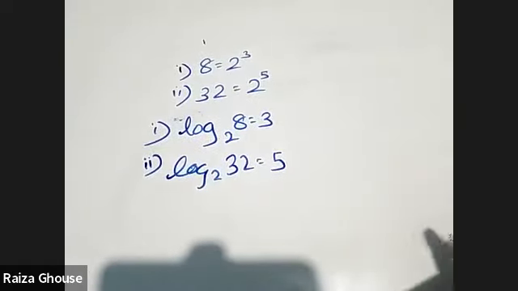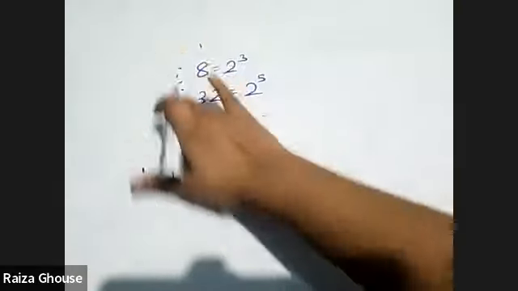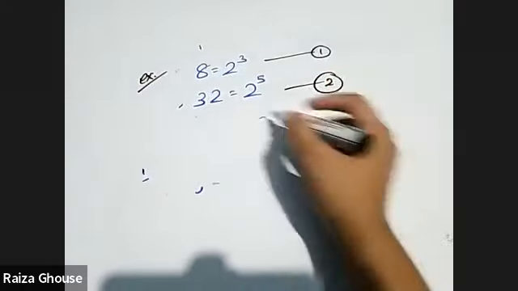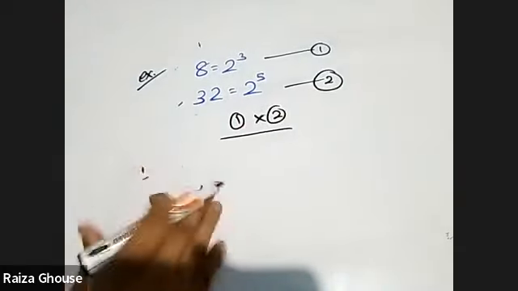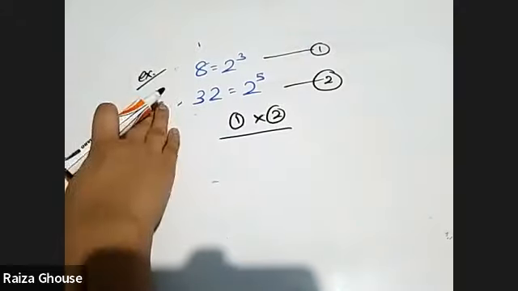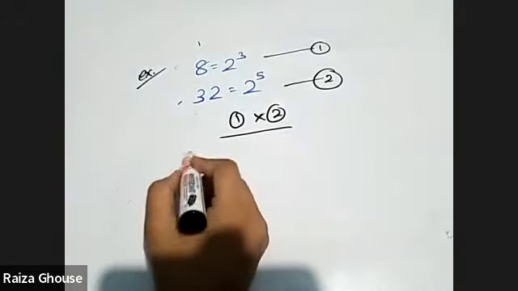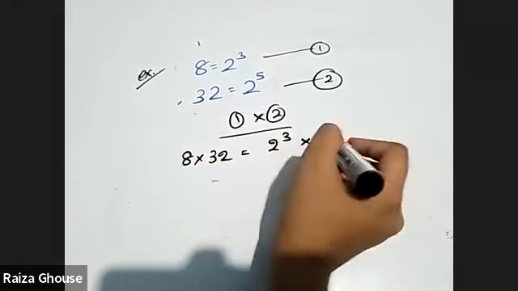Now I'm doing an example. This is my first equation, this is my second equation. I'm going to multiply my first and second equation. If I multiply, left hand side should be multiplied with left hand side, right hand side with right hand side. So 8 into 32 is equal to 2 to the power 3 into 2 to the power 5.